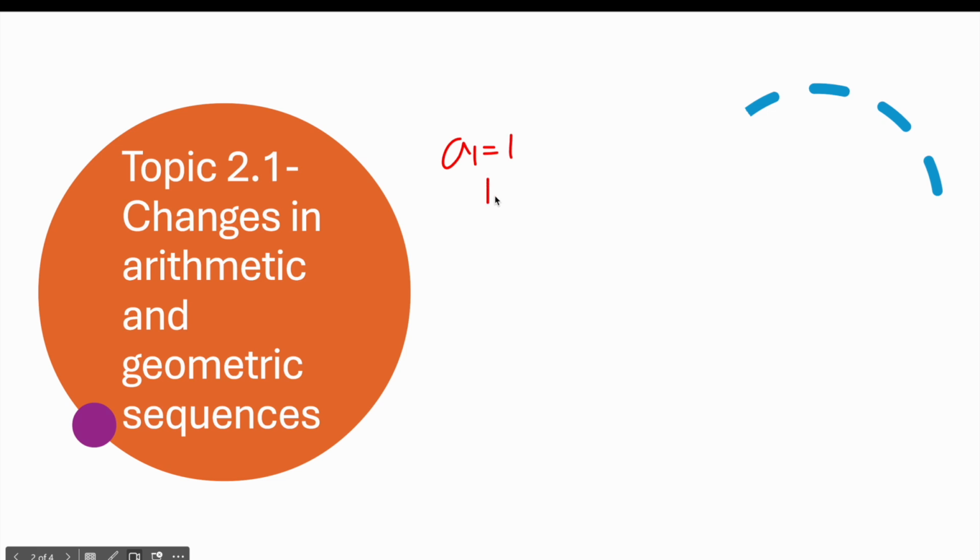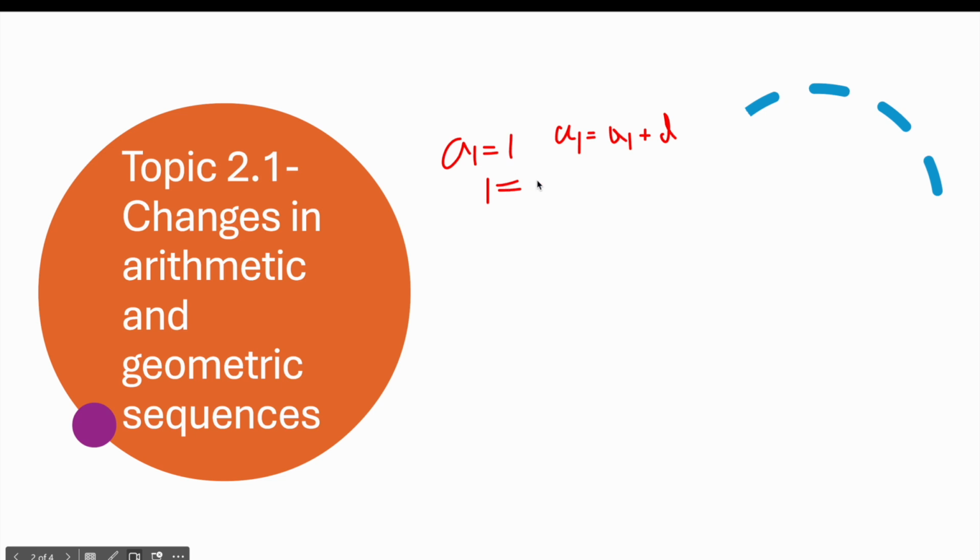And so the formula for the arithmetic sequence goes A2 is equal to A1 plus D. So this is how you would technically see if it were an arithmetic sequence.